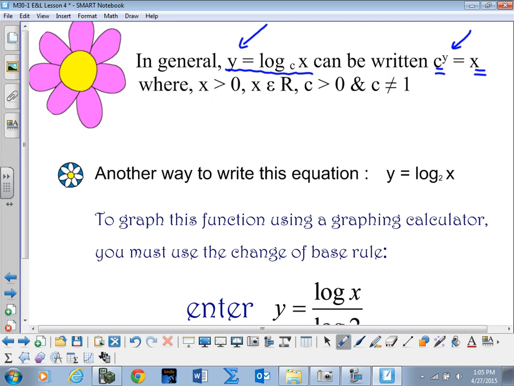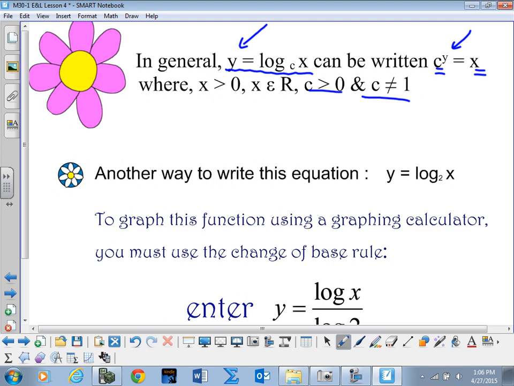Remember when we were doing exponential, there were some restrictions that we talked about. We don't want a base that's negative, and we don't want a base that equals 1. Well, same thing applies here. And remember the exponential graph? In the exponential graph, we had y greater than 0.